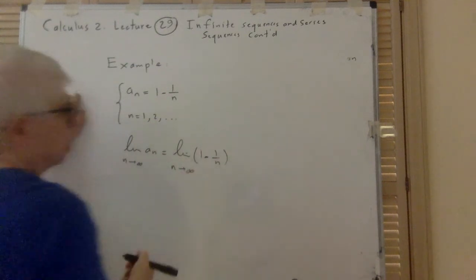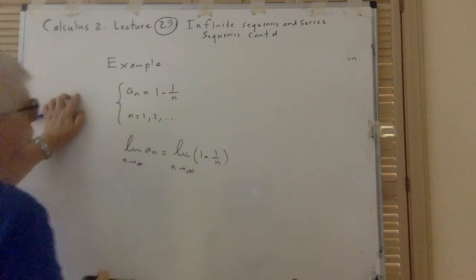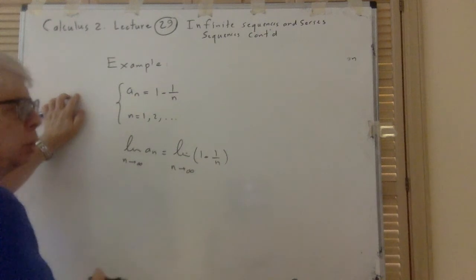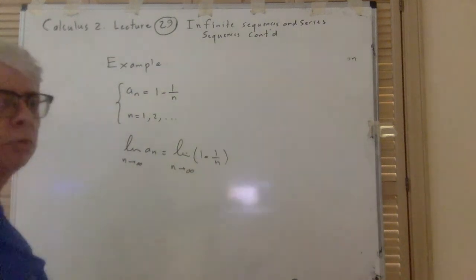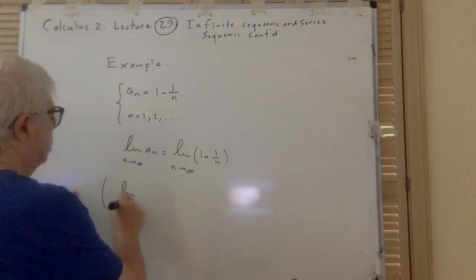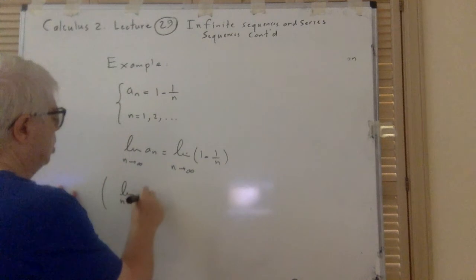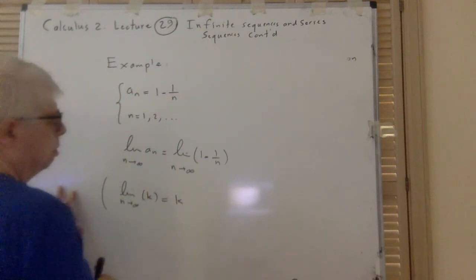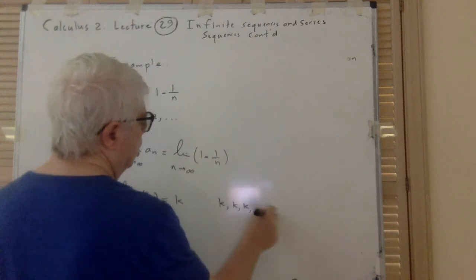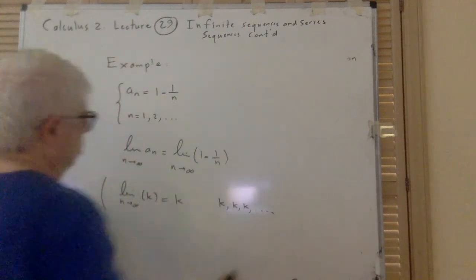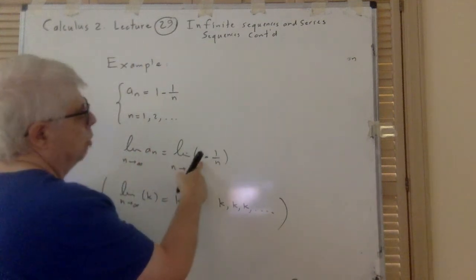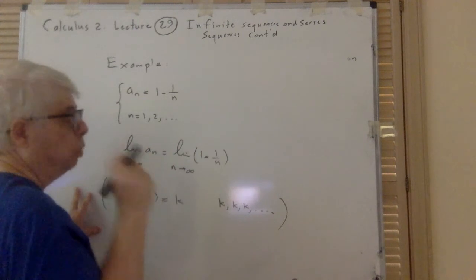What is the limit of 1? So the limit of a constant sequence is the constant itself. So the limit as n goes to infinity of just k is just k. This is in fact k, comma k, comma k. It's just k, it doesn't change. So the limit is the limit of this one minus the limit of this one, if both exist.